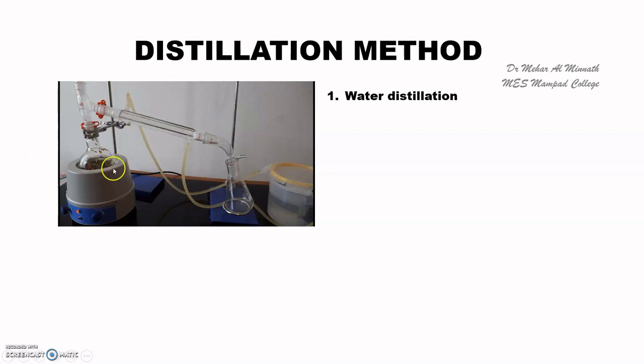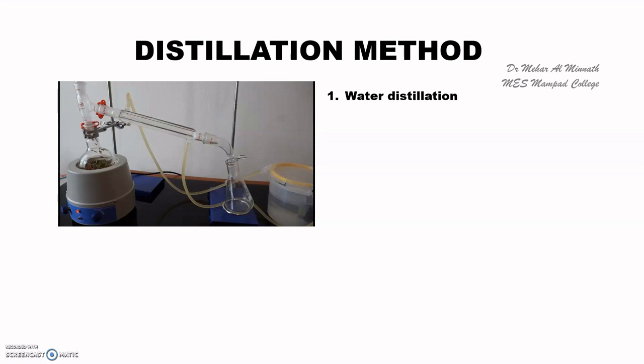When you boil the plant material along with the water, steam will be produced, and the steam volatile essential oils will come out along with the steam, pass through the condenser, and the distillate will be collected in this conical flask. So that's a simple way of collecting the essential oil.